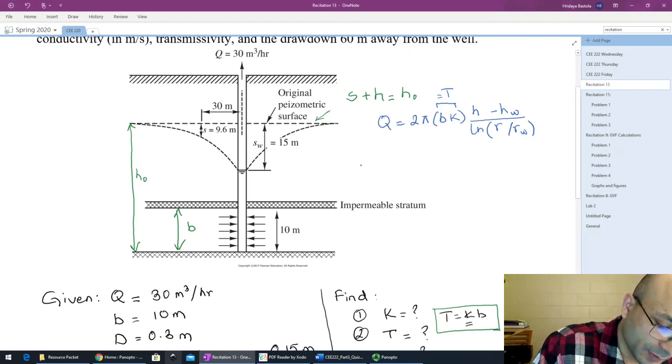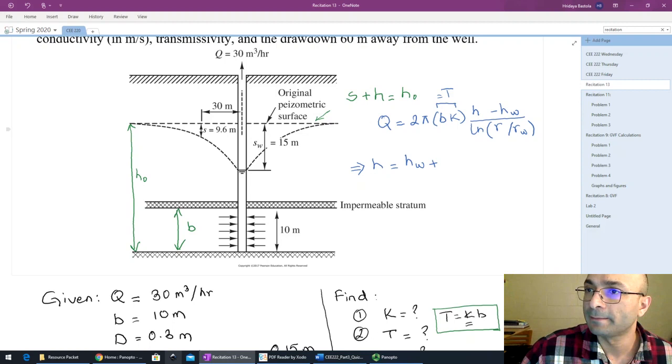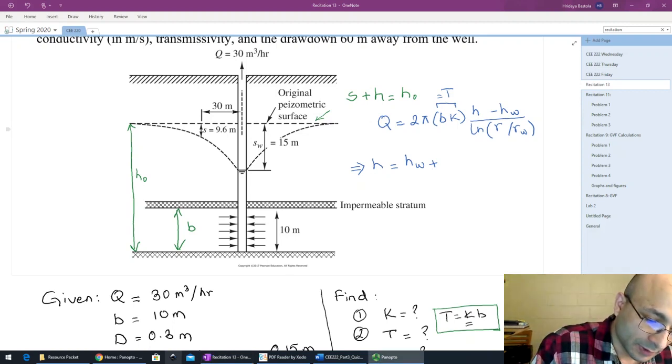And this one you can express in terms of h. So h equals hw plus Q over 2 pi T times log r over rw.